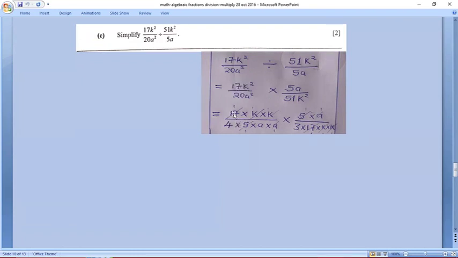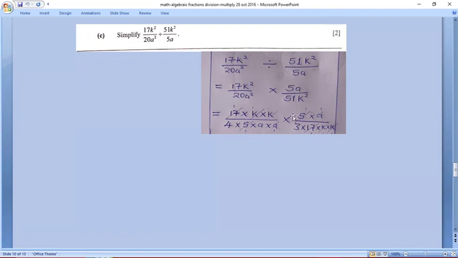The 17 only has one and itself as factors, so we leave it the way it is. But k squared means k times k. If we have 17k squared, it means we are multiplying 17 times k times k.